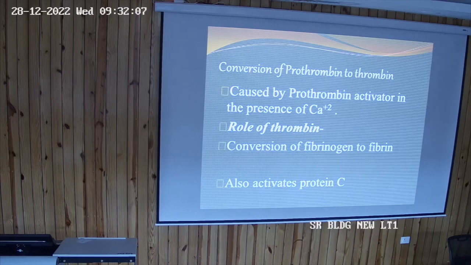For the final step, fibrin formation, these factors are a must. So deficiency of vitamin K may result in bleeding disorders.